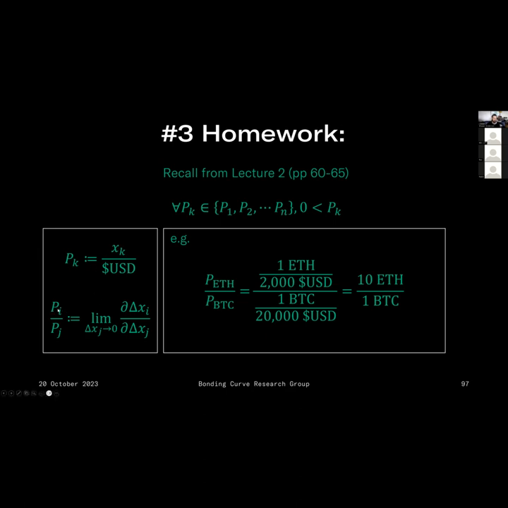And we do that so that when we take the ratio of these two prices, we end up with the marginal price formula. So for example, if we're taking P ETH over P BTC, we'll end up with 10 ETH over 1 BTC, which matches up with the way that we've defined the marginal price.